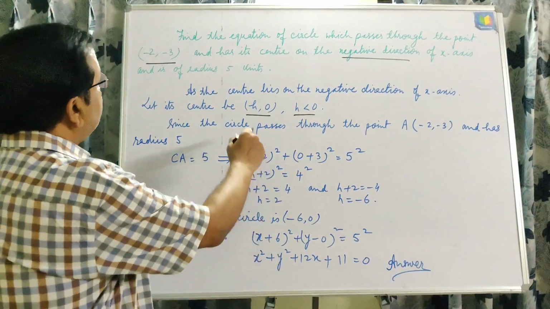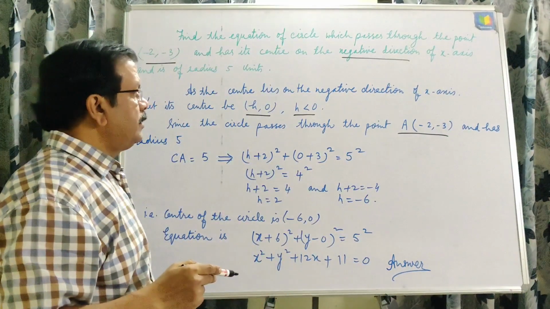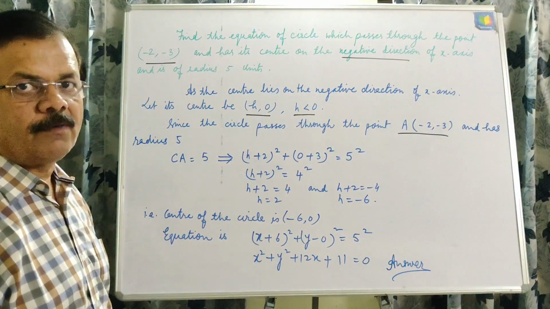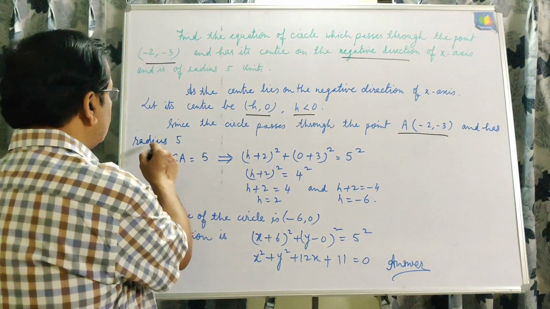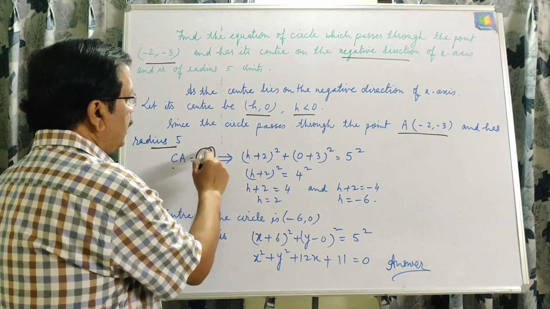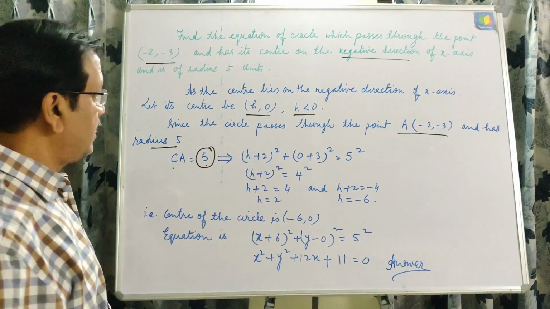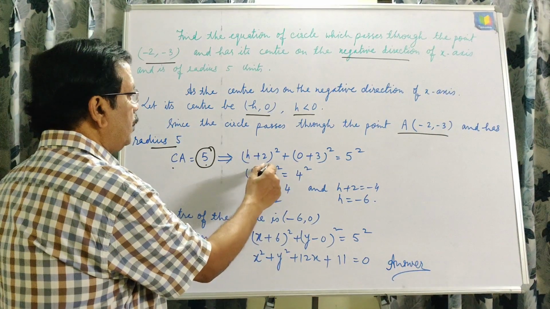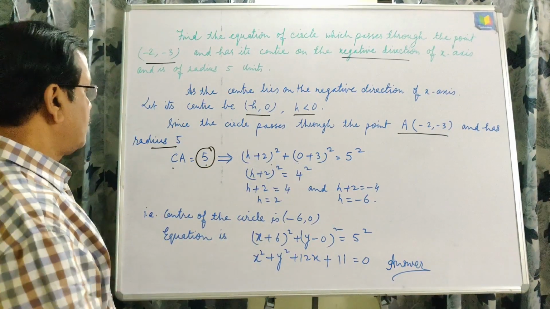Let the point A on the circumference of the circle be (-2, -3). Then CA, that is the radius, is equal to the distance between the point A and the center, that is (h + 2)² + (0 + 3)² = 5².